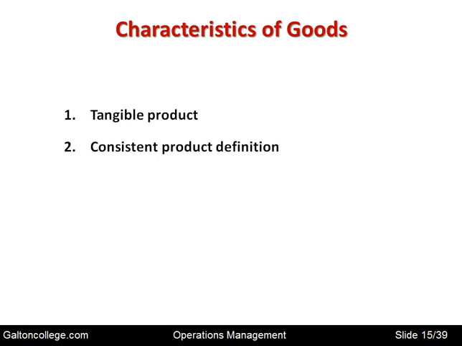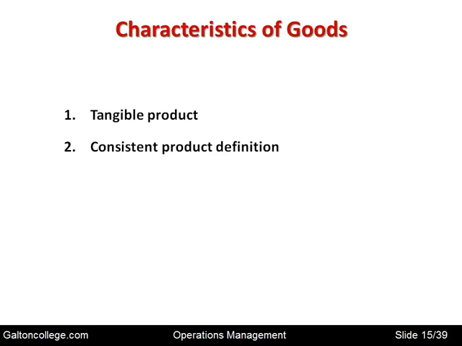Now we need to be able to define the product carefully. In other words, there should be a consistent definition of the product. We should know what the output is, and we should know how to measure it. So we have to have some sort of idea of what the product is that's coming off the line.